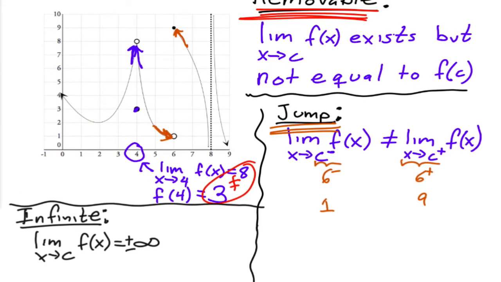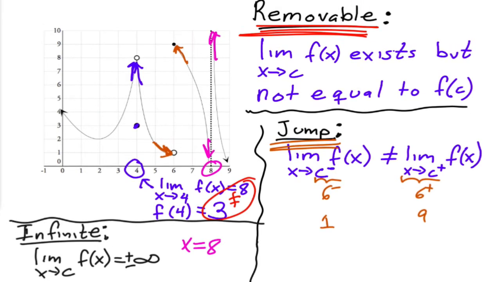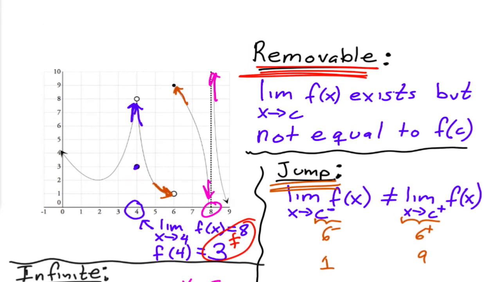So you can see that you've got this situation right here at 8, because from the left it's going to negative infinity, from the right it's going to positive infinity. So at 8 there would be an infinite discontinuity. So those are the three types.